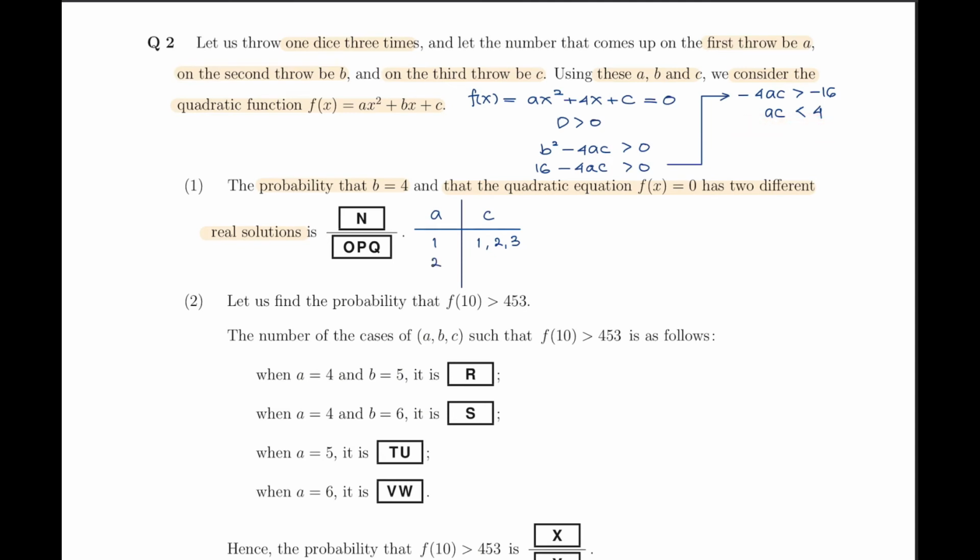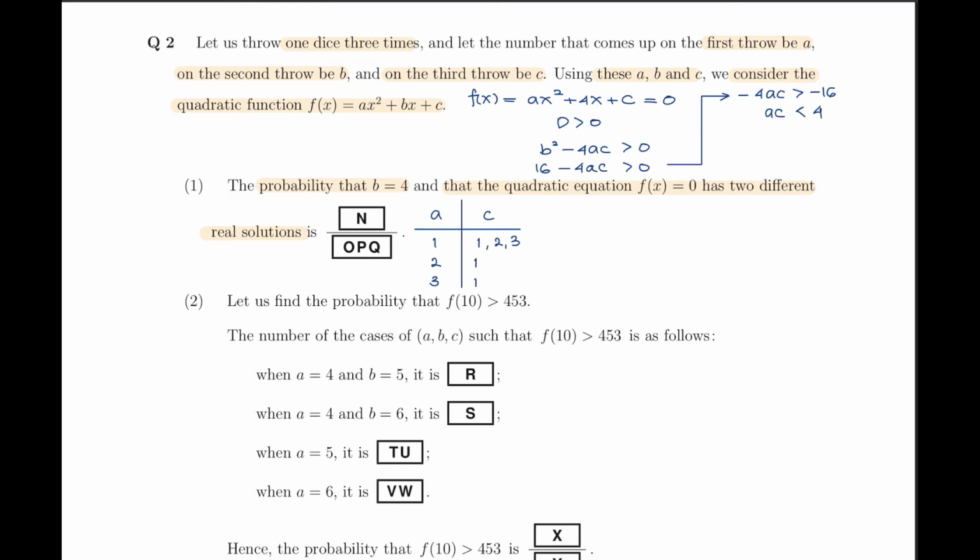And then the other case is if A equals 2. If A equals 2, then C must be 1. There is no other possibility, because if C equals 2, 2 times 2 is not less than 4. And then the other case is A equals 3.